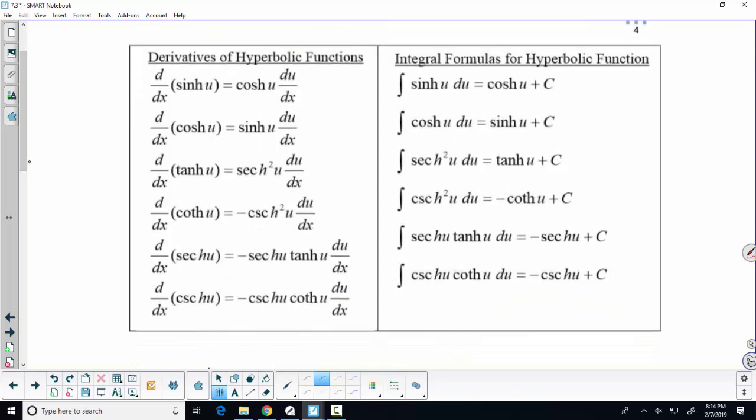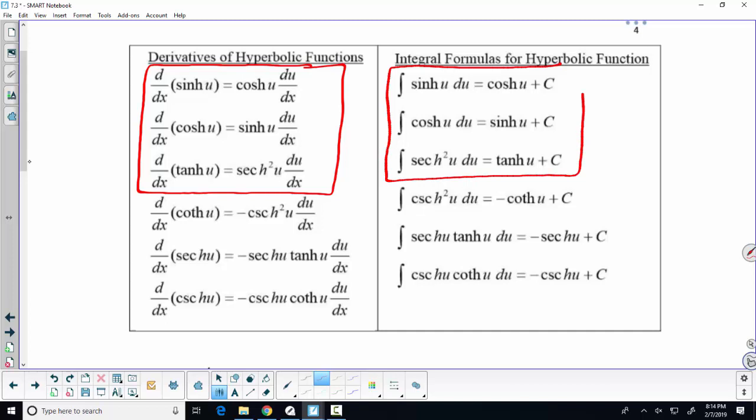So we already saw the derivative of sinh was cosh, derivative of cosh was sinh. We need to know those two derivative formulas, and the derivative of tang is sech squared. Should know those. As far as the integrals go, the first three integrals as well.